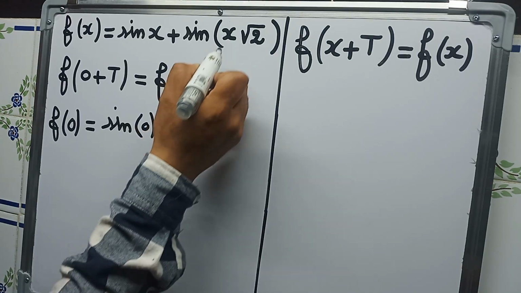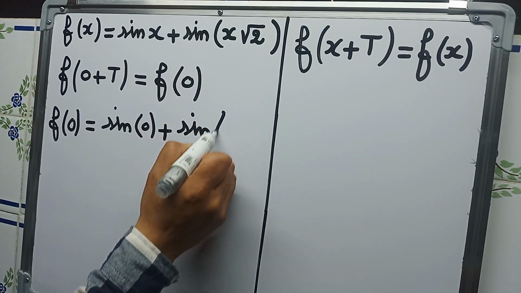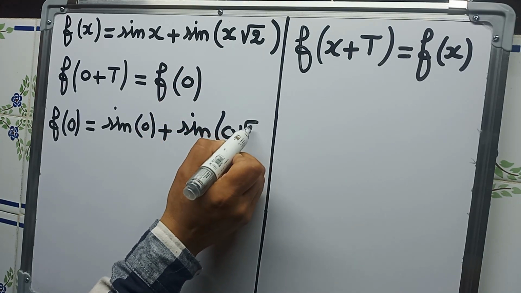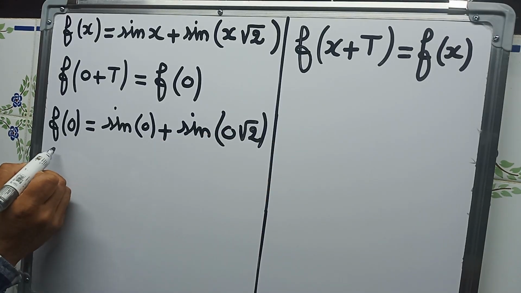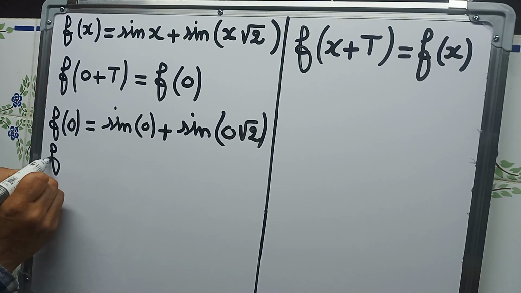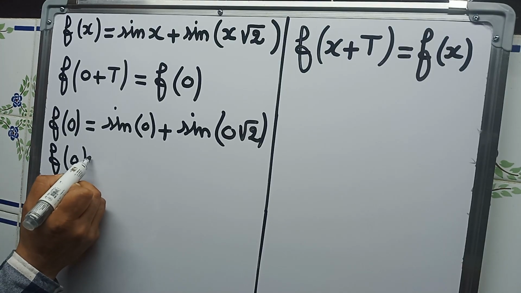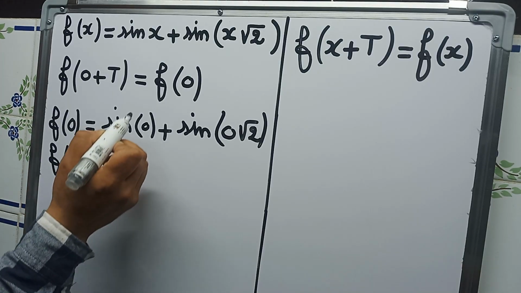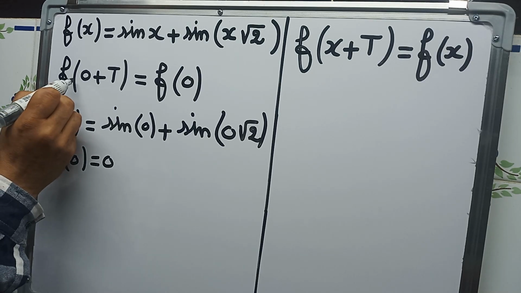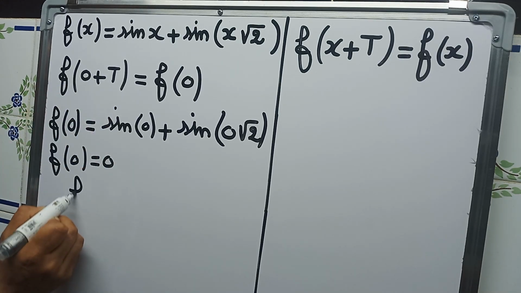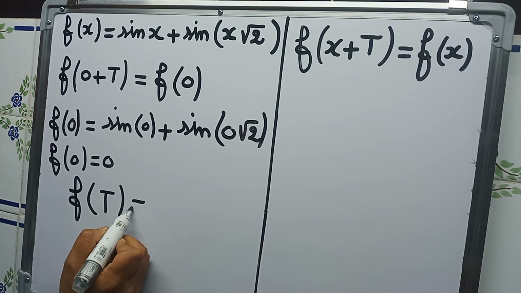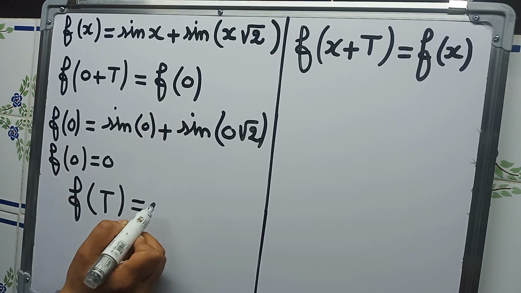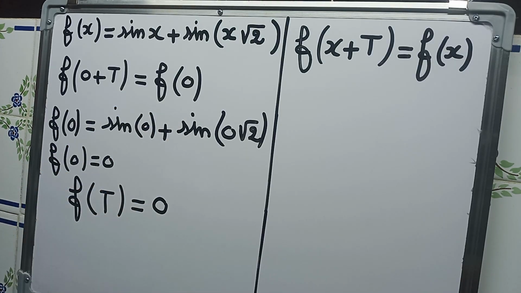And 0 times square root of 2 is just 0. So sine of 0 is 0 plus sine of 0, 0. So f of 0 is equal to 0. And f of 0 plus t is f of t. So here f of t is equal to f of 0, which is 0. So we have f of t equals 0.